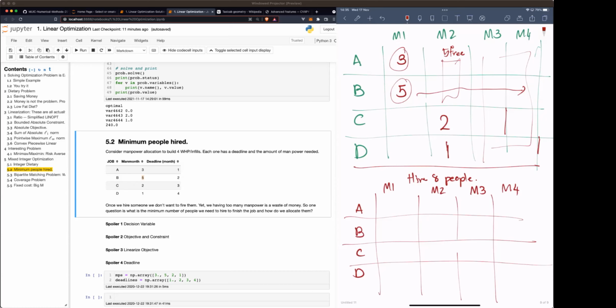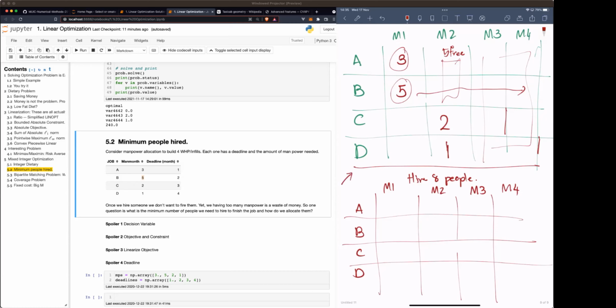How do you assign them to each unit? What do you think? Anything better than what I drew earlier? What I drew earlier is one of the worst cases that you can do.